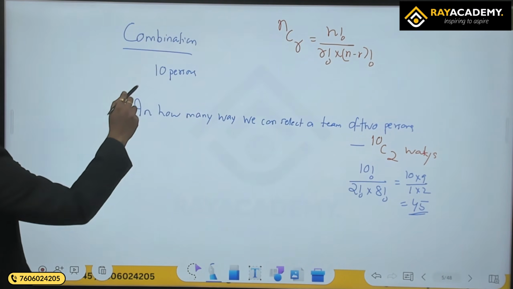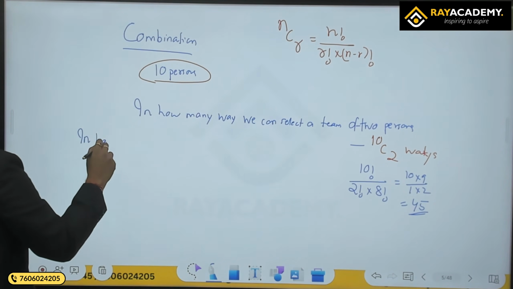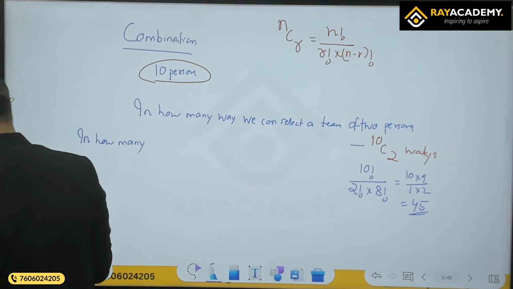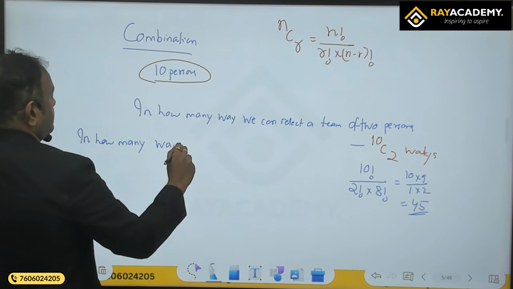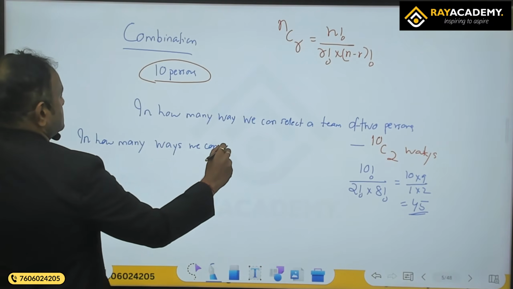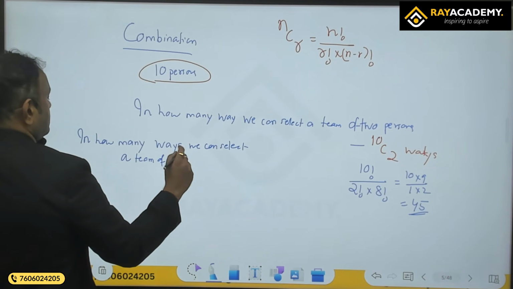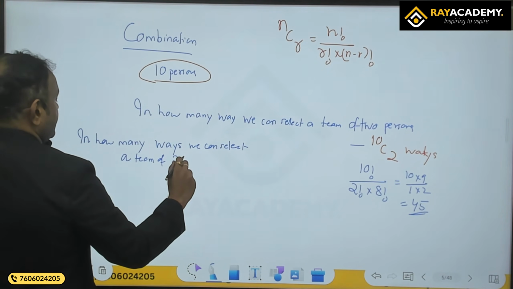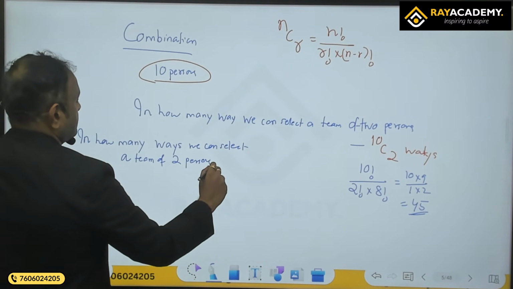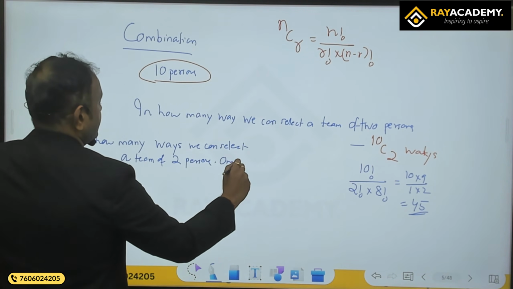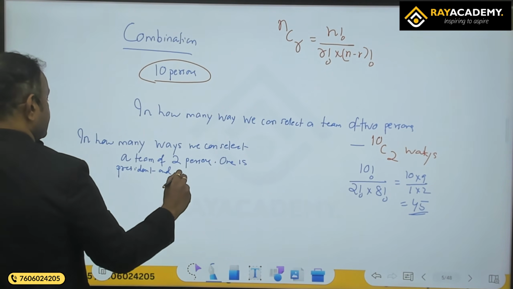Okay. Same question if I give, if there are 10 persons, in how many ways can we select a team of 2 persons, one is president and another is secretary?